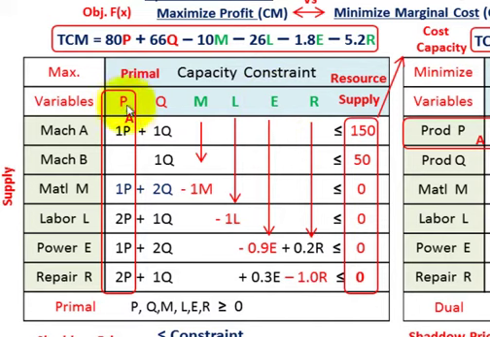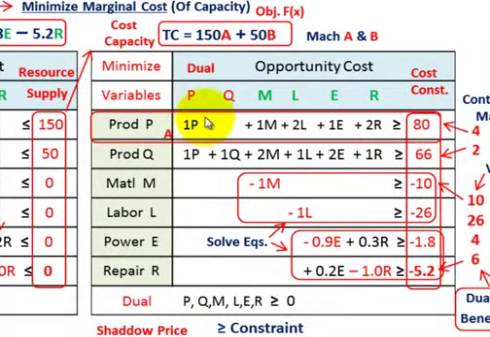Starting with our first column, P, you can see all the coefficients for P for those variables, machine A through all the repair costs or repair R. All those coefficients for the first column become the row coefficients in your minimization problem, and remember those coefficients were for product P.